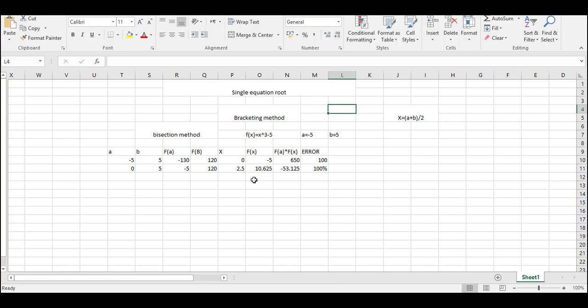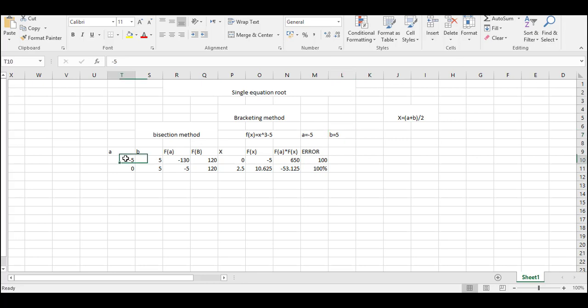Now we will talk about the bisection method. As I said before, we are given an interval which starts at a, which equals minus 5, and the end of the interval equals 5, let's say b.